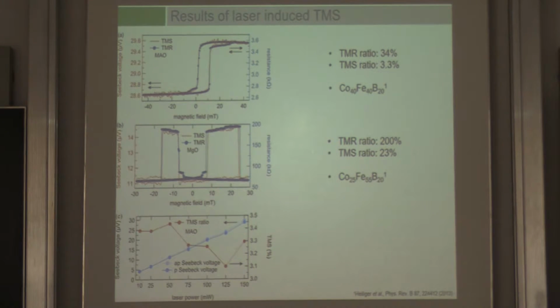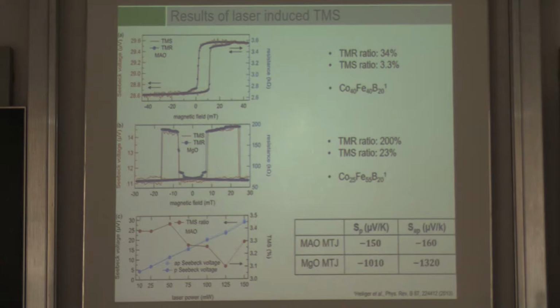And with the aforementioned temperature difference across the barrier, you can then go ahead and calculate your Seebeck coefficients. So in the case of the MgAlO MTJ, we get something like minus 150, minus 160 microvolts per Kelvin for the parallel and antiparallel case. And in the MgO case, we have something like 1000 or so. That is still with the old value of thermal conductivity for the MgO.